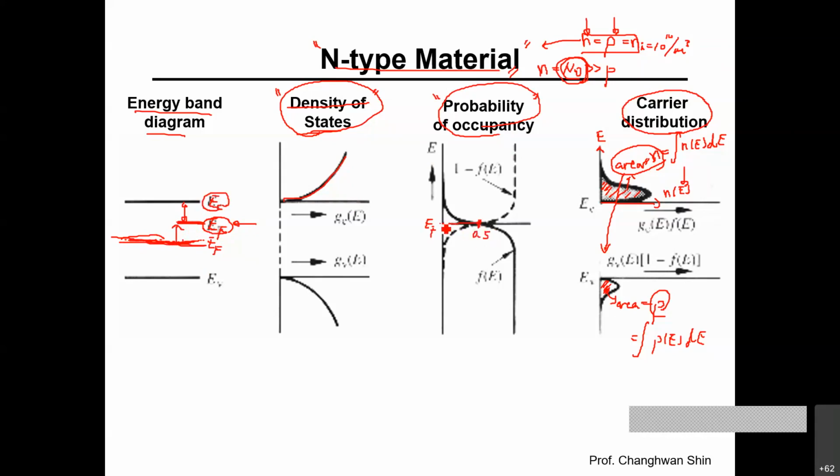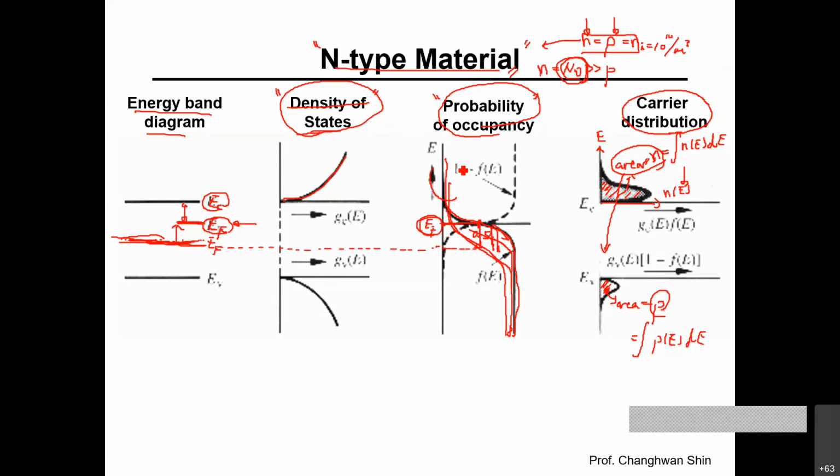If I draw the Fermi function curve matched to the energy band diagram again here, originally in pure silicon material it looks like that, 0.5. But now this Fermi function curve has been shifted upward. Because of what? Because of the upward shifted Fermi energy level.